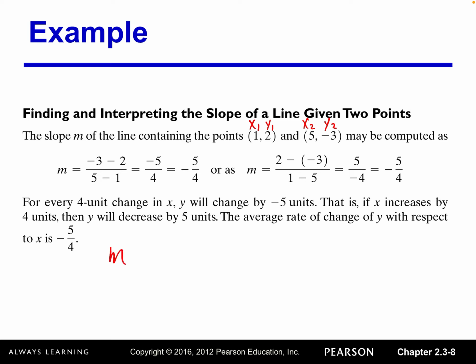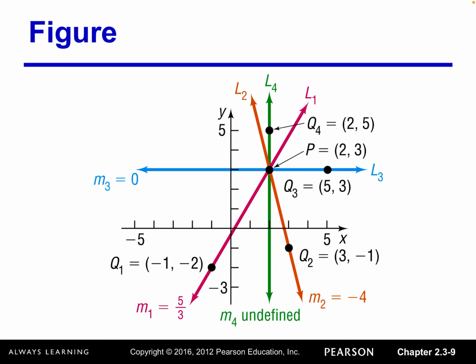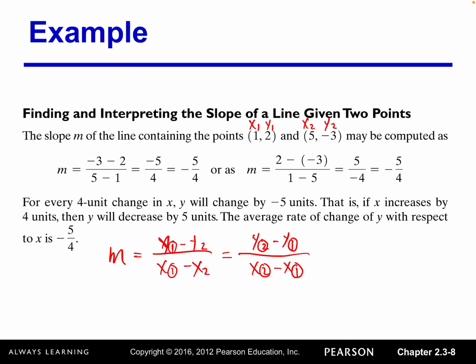So the slope equals either (y1 minus y2) over (x1 minus x2), or you can write (y2 minus y1) over (x2 minus x1). Which point's y coordinate you subtract from the other doesn't matter as long as it's consistent. If you find the rise by subtracting one point's y coordinate from the other's, then for the run you use the same order. That's how to find the slope of a line.